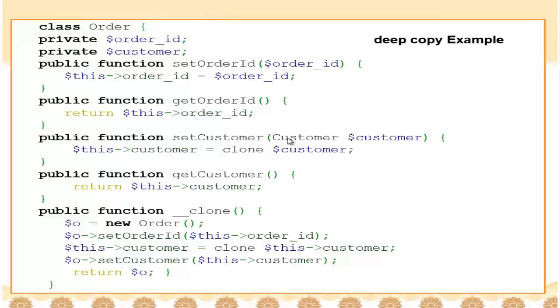But when I try to set the customer, what I'm trying to do is make a copy of it. I'm saying this customer is the clone of the customer. That means I make a copy of the customer and then assign it over here. So what it has is not the reference to a customer, but a copy of a customer inside it. Look at how the cloning is done. So before I go to this one, how does this clone work in the customer class?